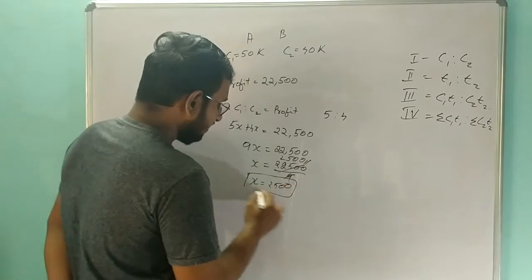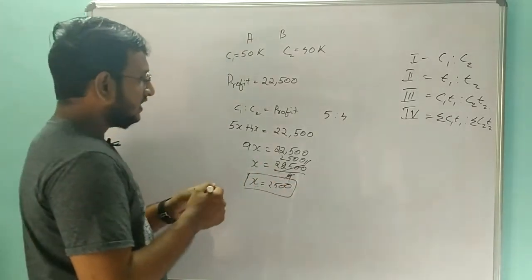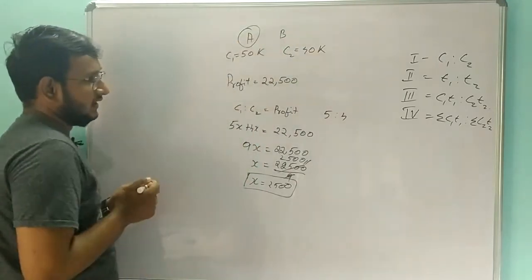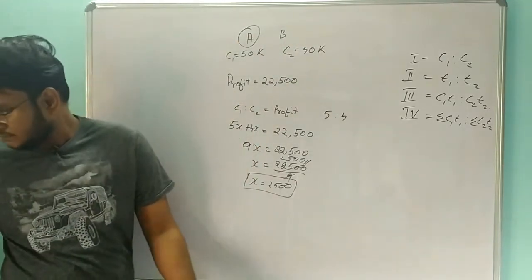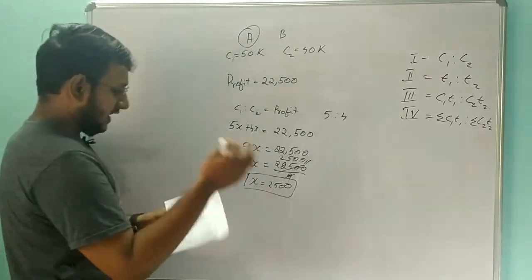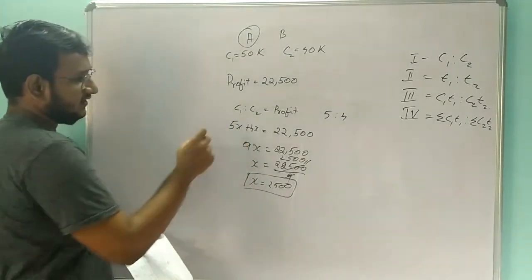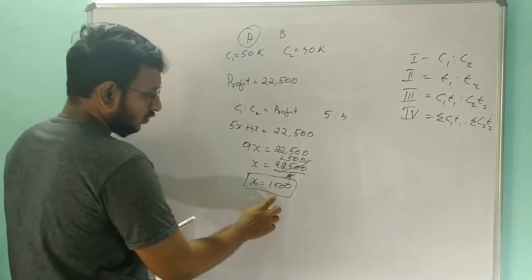So now what the question is asking is the profit of A. What is his name? His name is Aman. Okay, they are asking the profit of Aman. So the ratio is 5x, right? So we know what x is.